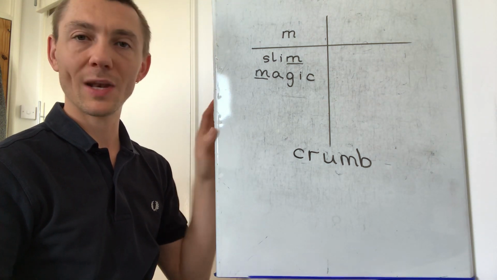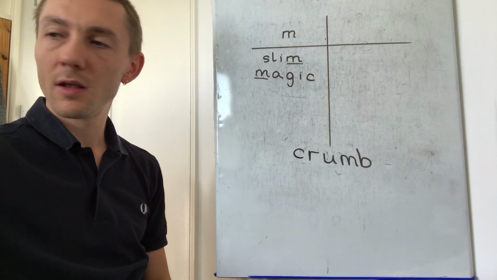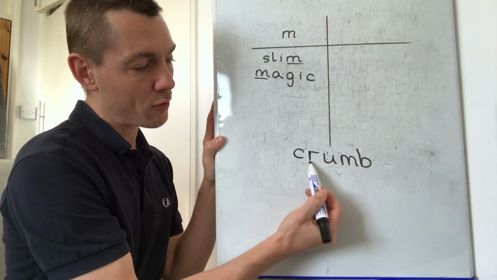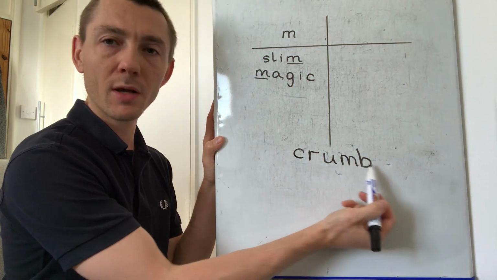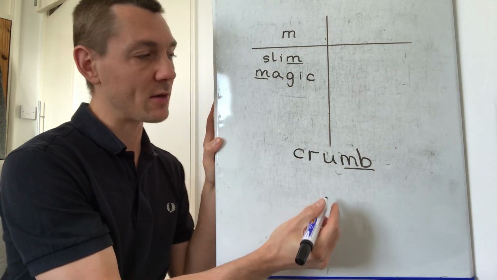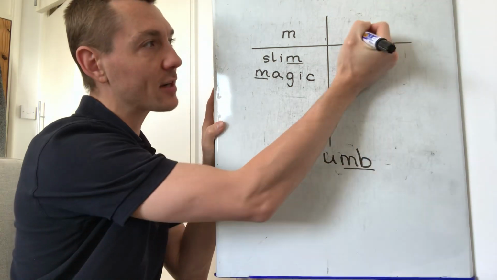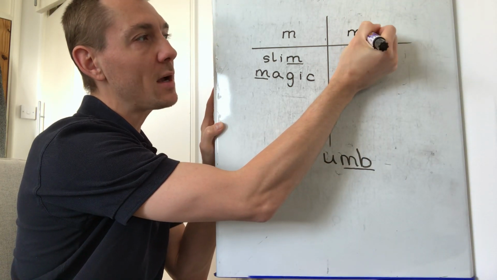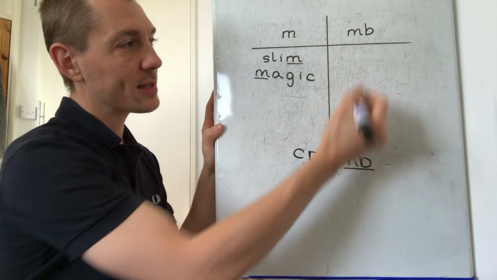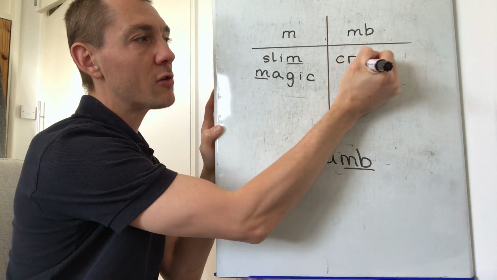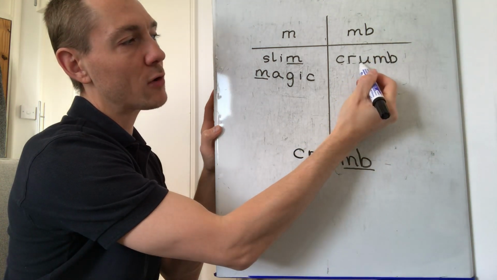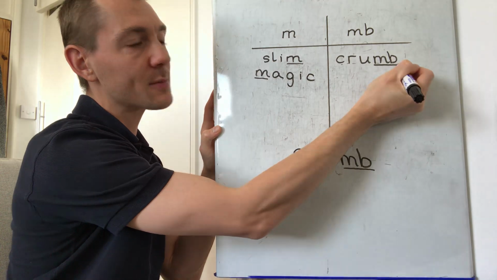Now, what letter or letters do we have? It's that 2-letter spelling, isn't it? Because we don't say crum-buh. It's a 2-letter spelling of the sound at the end. And that's our next section. We have the sound spelt with M and B. And we can say crum. We can underline that spelling just to show.